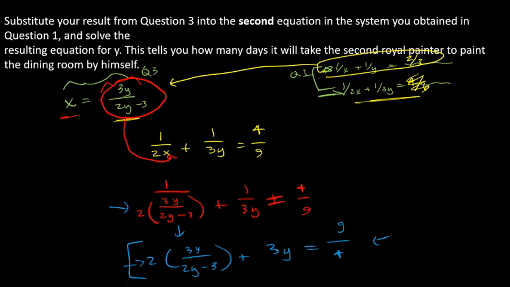And then whatever answer you get for this, your y, remember y represented our second painter. So the x, the answer we got before, is in terms of y. This will actually give us a numerical answer because we have it down to a one variable equation. So this is going to tell us how many days it will take that second royal painter to paint the dining room by himself.